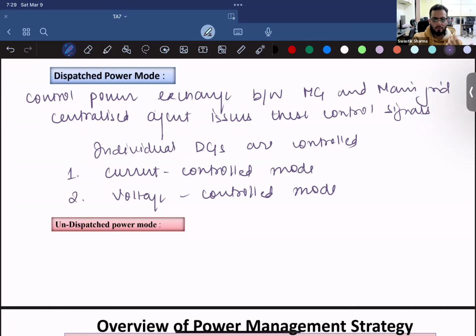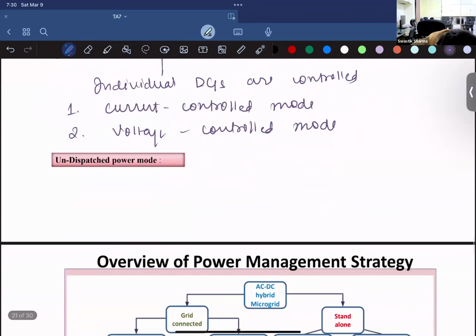And in voltage control mode, the opposite happens. The DG's output voltage is controlled to regulate its output power. So these are the two ways in which you can control your individual DGs to be able to dispatch them as and when you require them to exchange the power between microgrid and main grid. In undispatched power, you don't control anything.